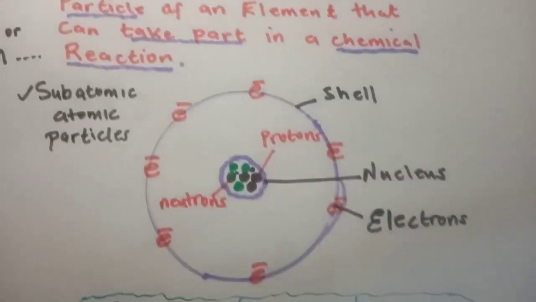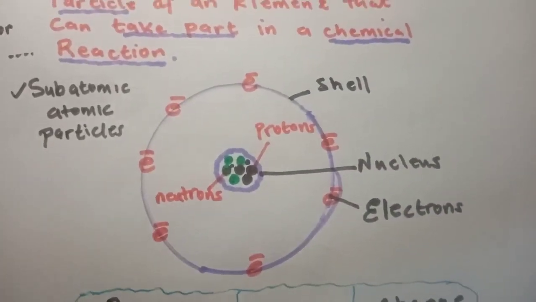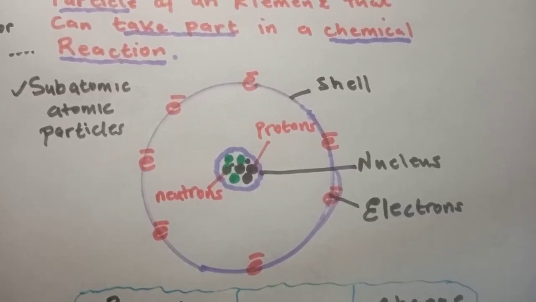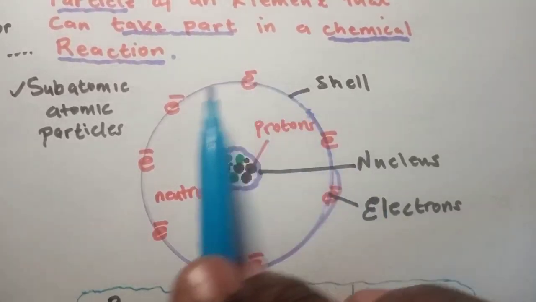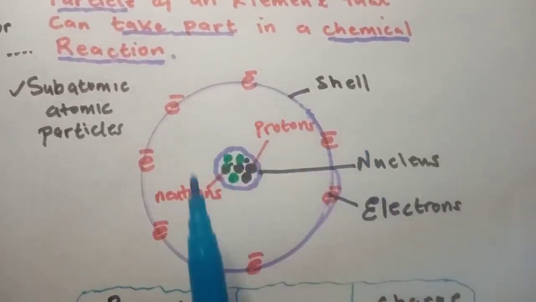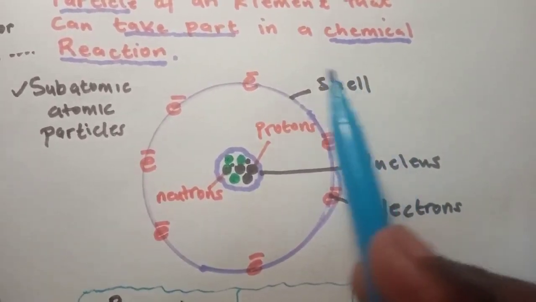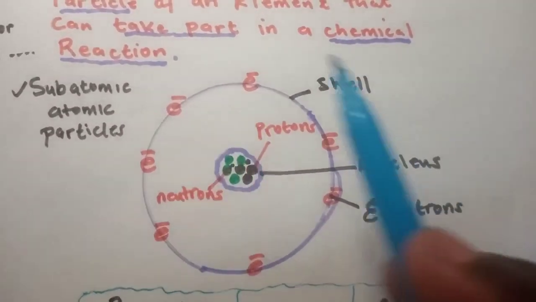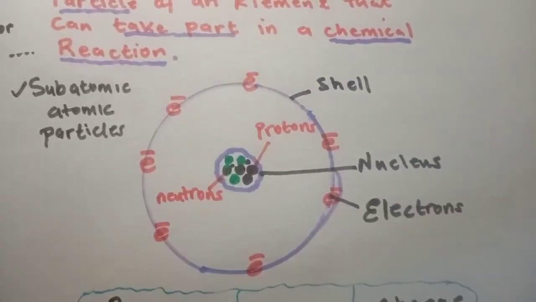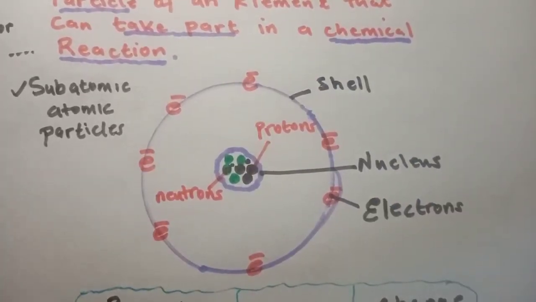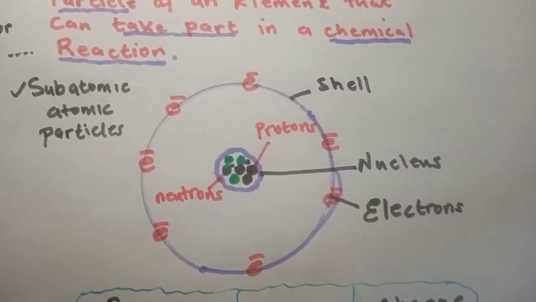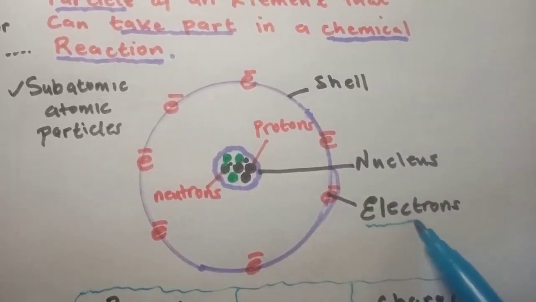So we have the structure of an atom here. As you can see in the drawing, you have a ring. This ring simply denotes what we call the shell, and in this shell you can find one of the subatomic particles that we call electrons.